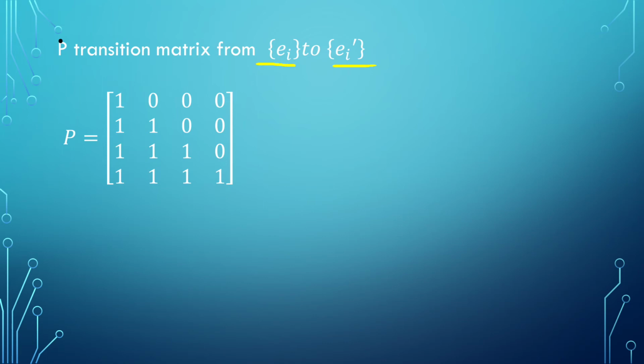So P is given by this lower triangular matrix with the ones on the lower side and zeros on the other side. This is what we call the transition matrix P for this basis.